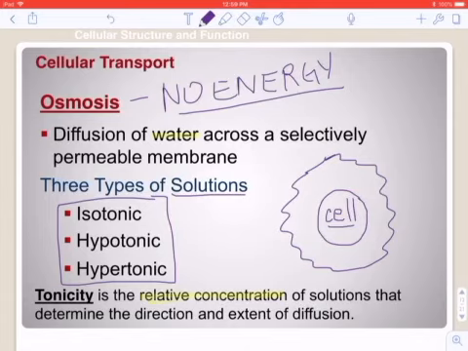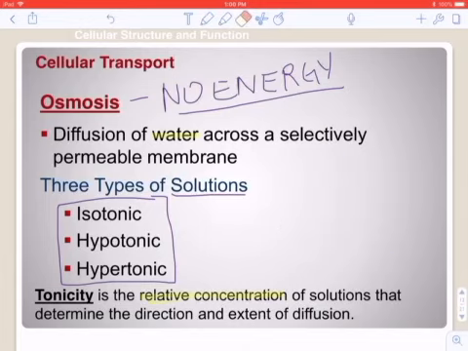All right, so that's what we mean by relative concentration.